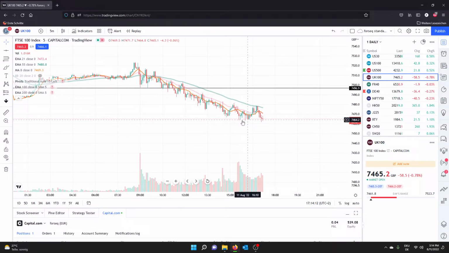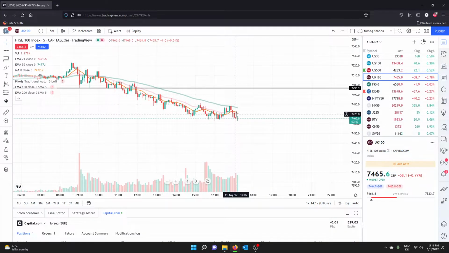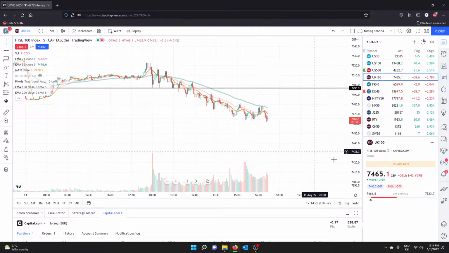Yeah, at this point I would wait for the price to either break this level here and go further down, or the price corrects back here, and then I would start a short trade with my stop loss set here.